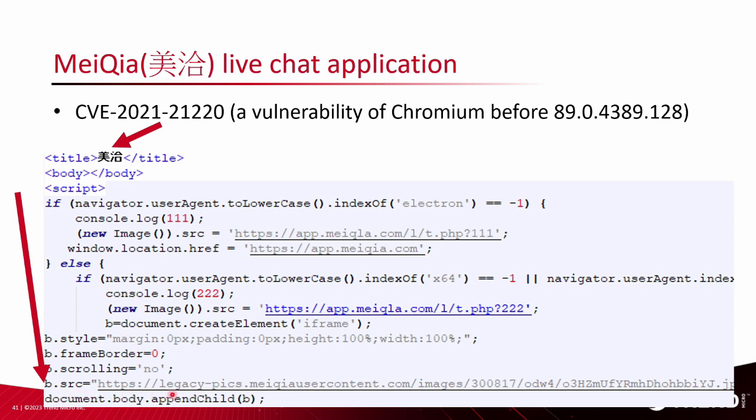This exploit web page downloads a picture, which I will show on the next screen. It displays a picture on the front end, and on the back end it runs the exploit code. Also notice that the name of the application is MeiQIA, but the attacker uses the typosquatting domain MeiQLA. L and I look quite similar, but this domain is controlled by the attacker.